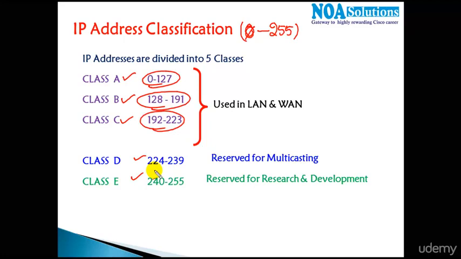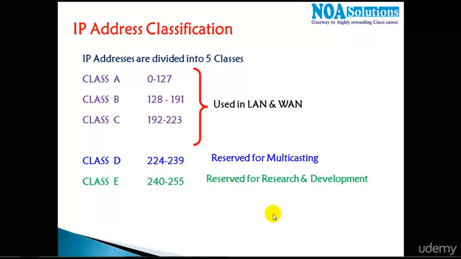So the first thing, whenever you see any IP address, you should be in a position to identify the class. Let's take an example to identify the class: 172.16.10.10. My question is, which class does this address belong to?